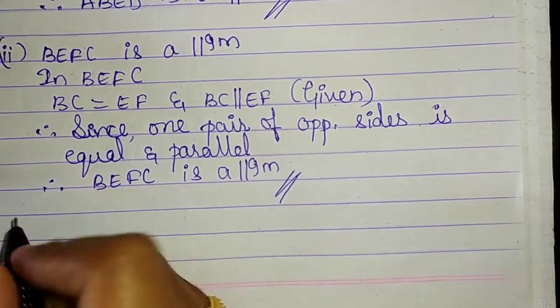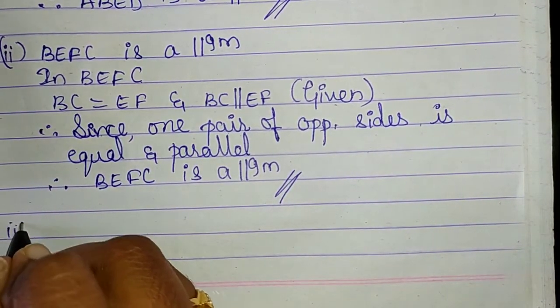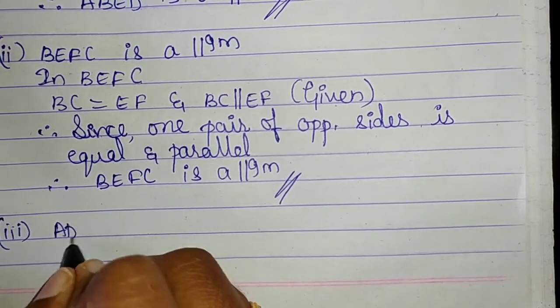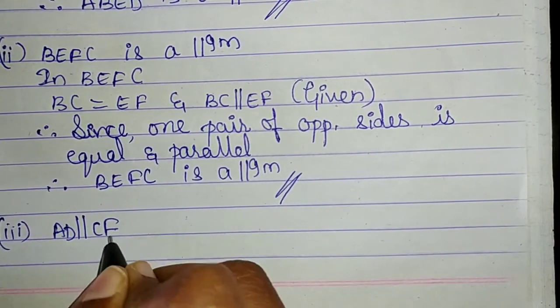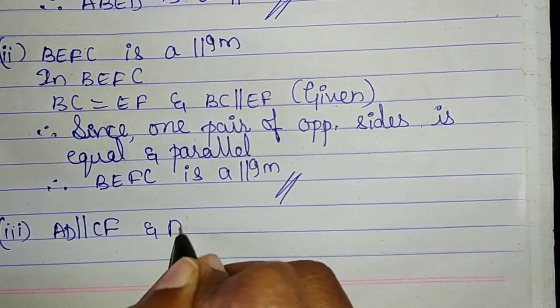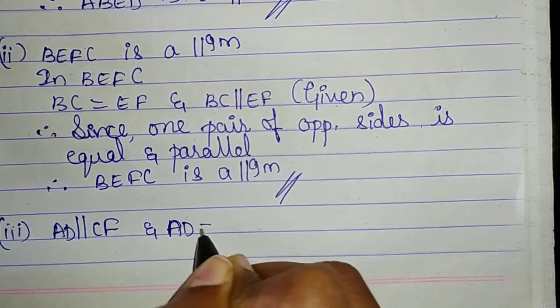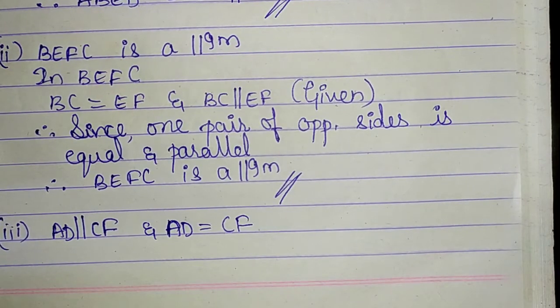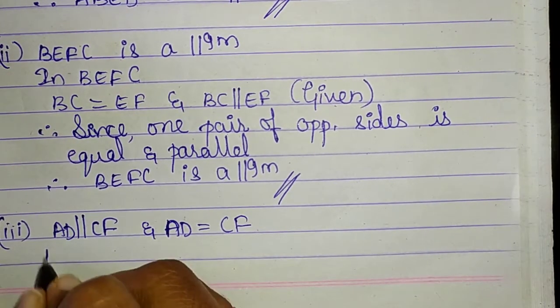So now moving to the third sub question, it asks us to show that AD is parallel to CF and AD is equal to CF.